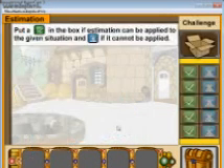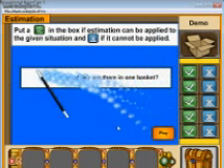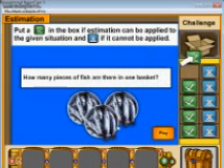Starting off with some basic examples. Put a check in the box if estimation can be applied to the given situation, and X if it cannot be applied. For example, how many pieces of fish are there in one basket? So we should think if estimation could be applied in the following.